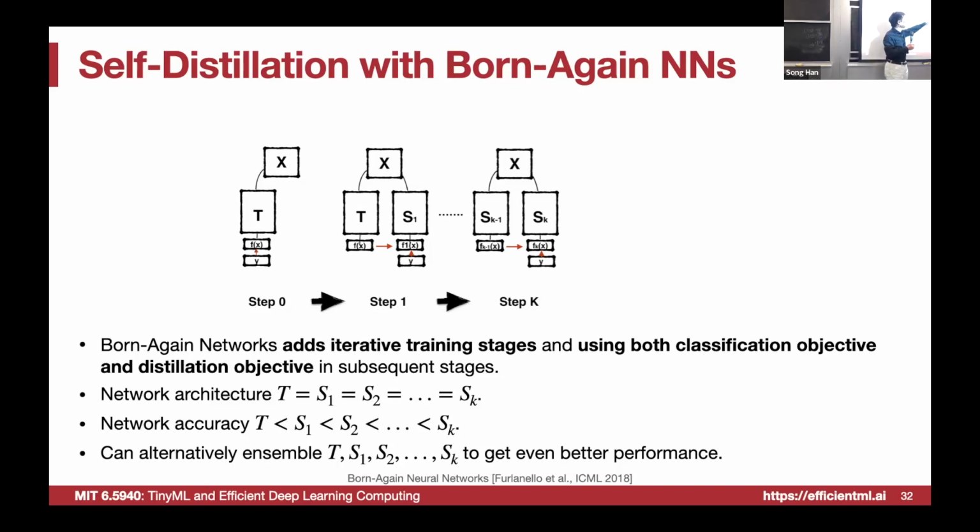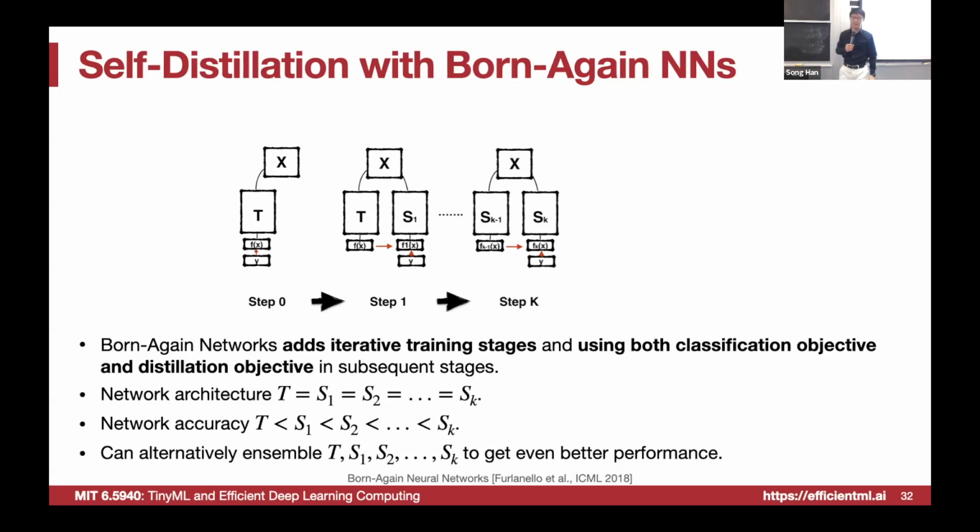And in the third step, we can repeat this process, right? Like the grandparent is supervising the parent, who is supervising the kid. You can repeat this across many generations.